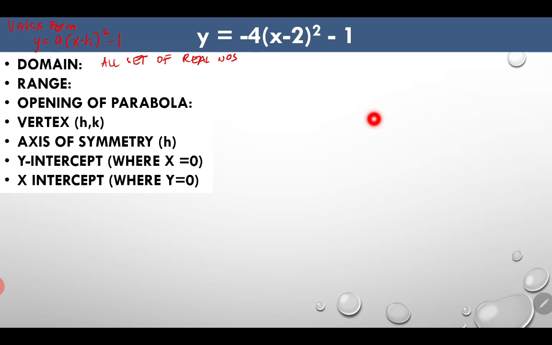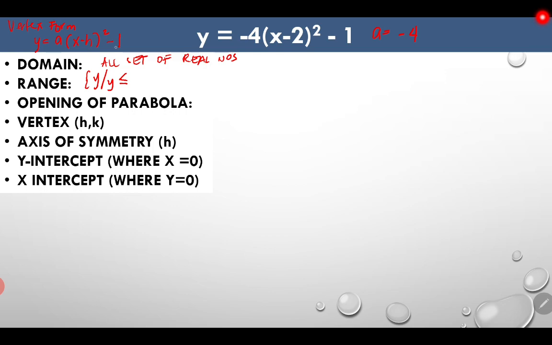Now, what is the range? Our a here is negative 4. Therefore, our range is y such that y is less than or equal to k. What is our k?